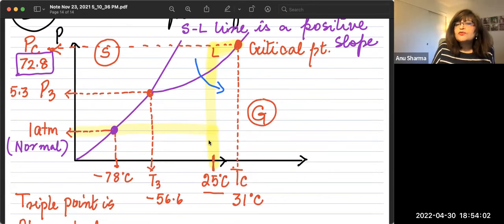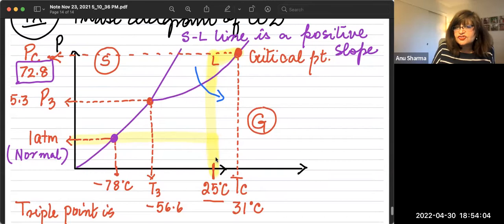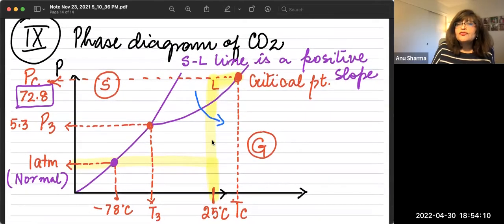And in order to convert carbon dioxide at this stage to a solid carbon dioxide or dry ice, we need to increase the pressure. So you will keep on increasing the pressure. Now, a time comes when you will reach this solid, it bypasses that, and it all is going to convert to a solid.